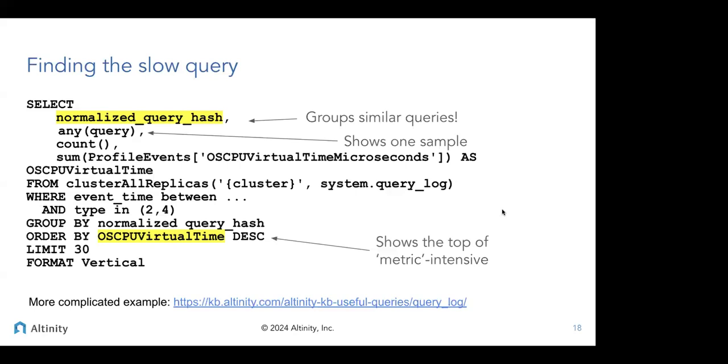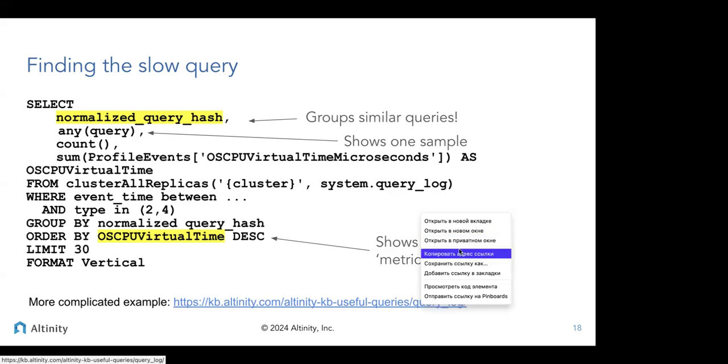And you can consider what the options are, which one you should spend time trying to optimize. Obviously, it also has some general fields like event time between and so on. If you follow the link on the slide, you can find even more complex examples which try to collect all the metrics together.